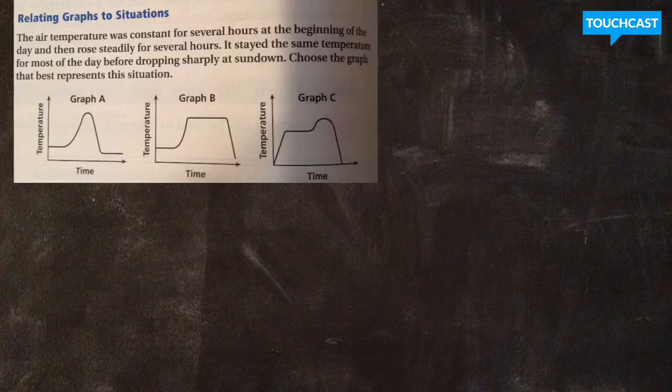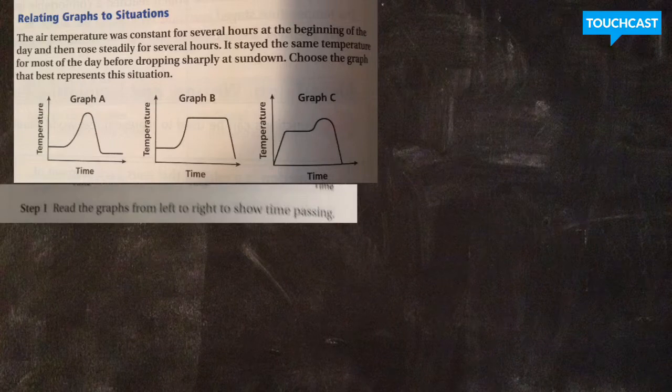Well, our first step in this problem is to read the graphs from left to right and that shows time passing. So from left to right, we have on graph A, as time passes, we stay fairly steady, and then we go up until we get to a peak, where then we start to decrease again and stay steady.